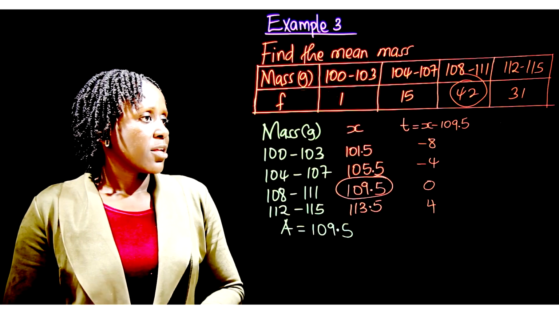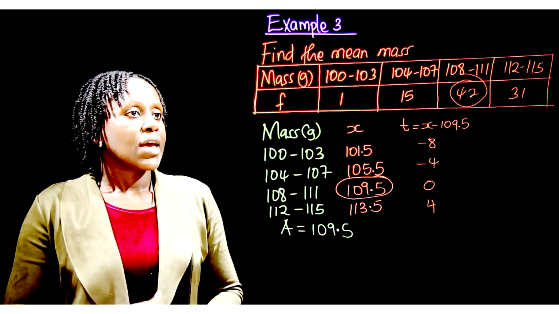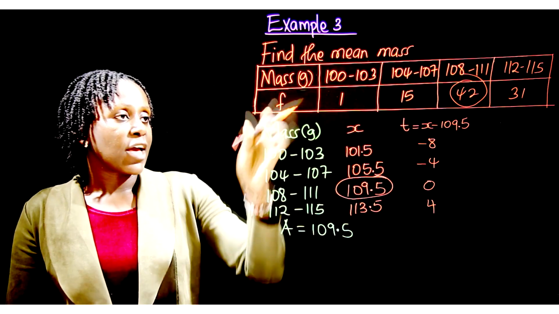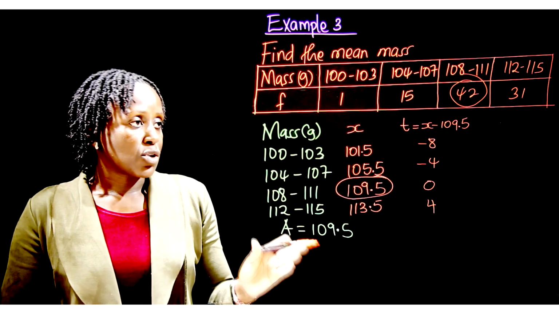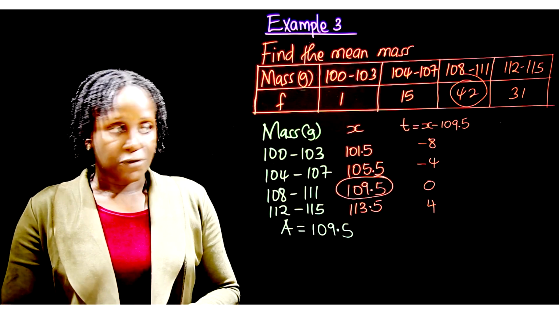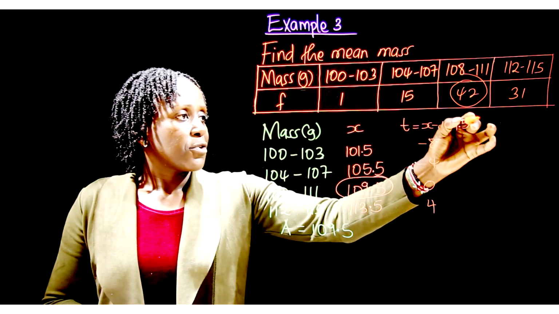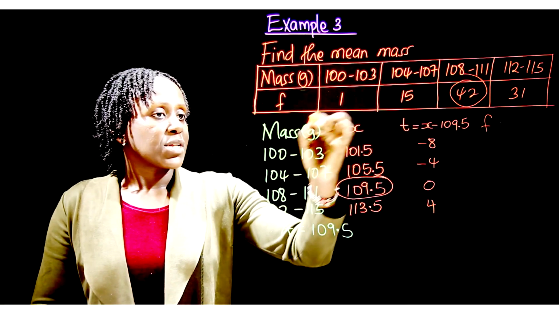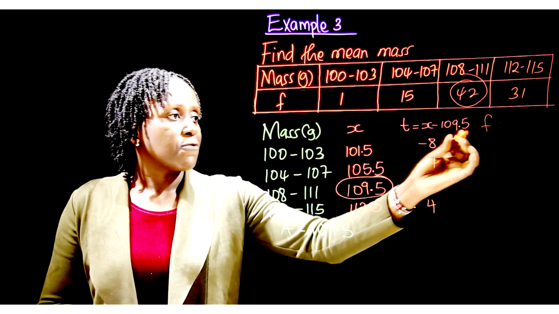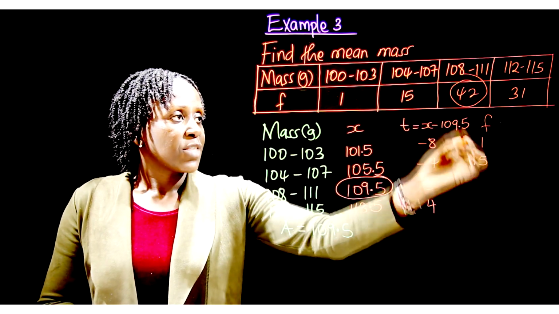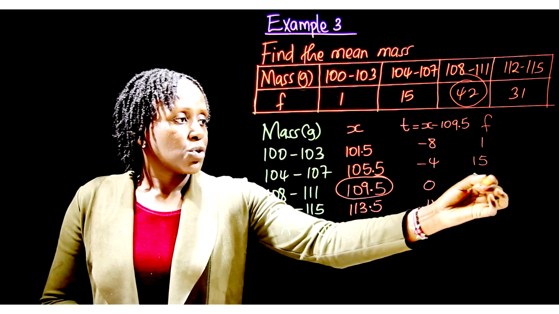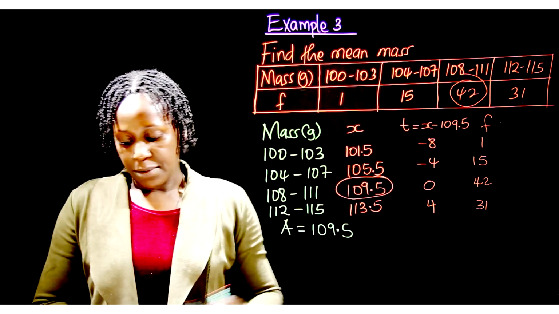Having obtained the value of t, and we have the value of f in the first table, we are now going to populate the second table with the value of f. So f is the frequency. For the first one we have 1, the second one 15, then 42, and then 31.